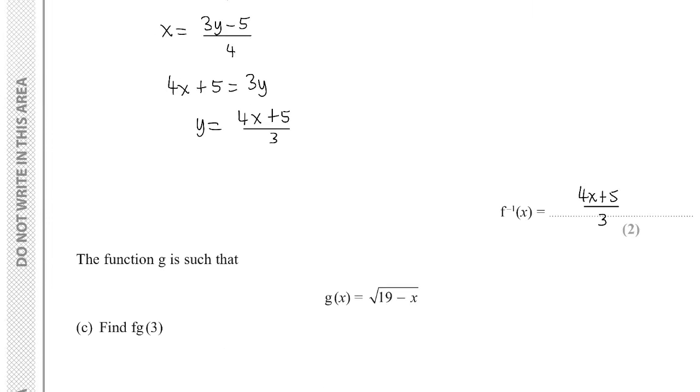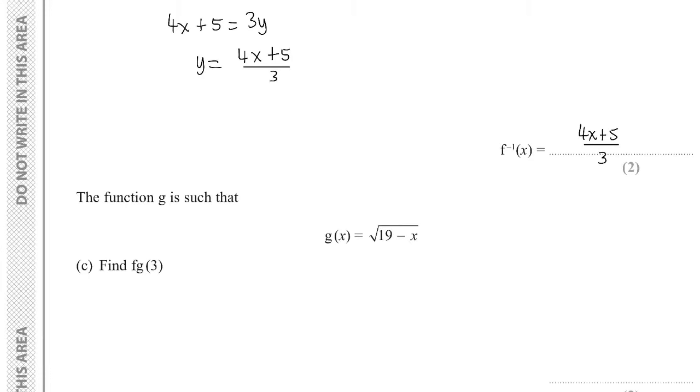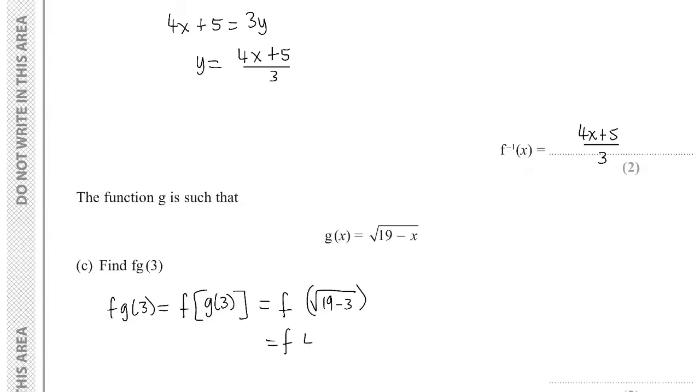And then the function g is defined with the root of 19 minus x. fg of 3 is a composite function, which means first do g and then do f on that. Now g of 3 is the square root of 19 minus 3, which is the square root of 16, so that's f of 4.